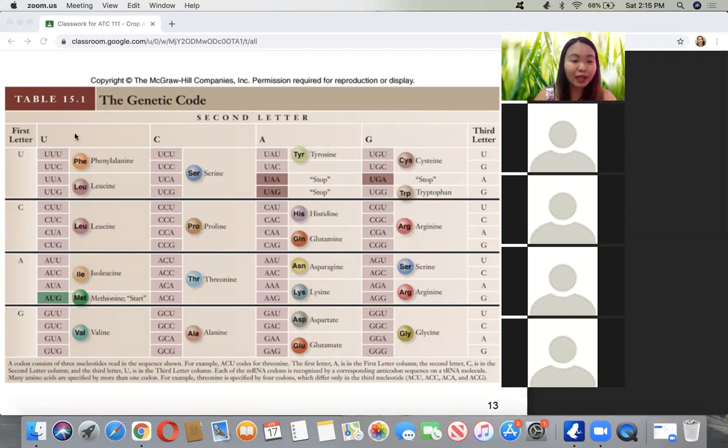So how you're going to do this is you just pair the letter U and this U here. So you have two U's, and then the third U here.